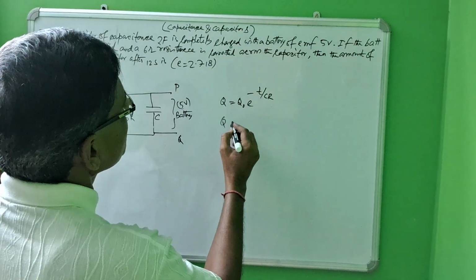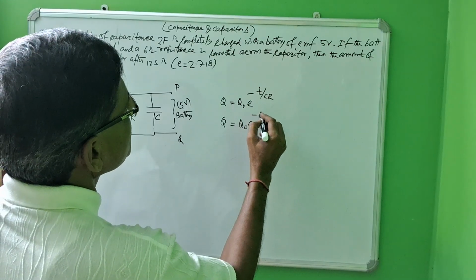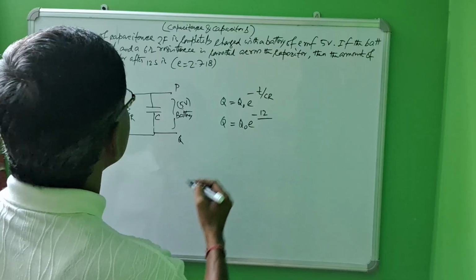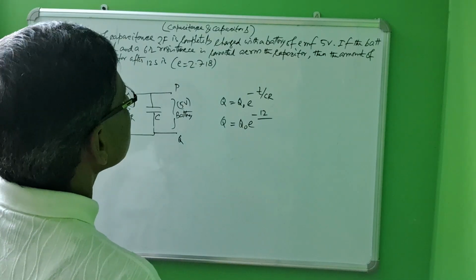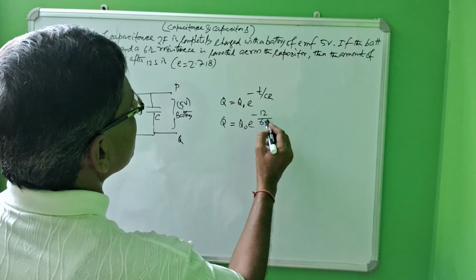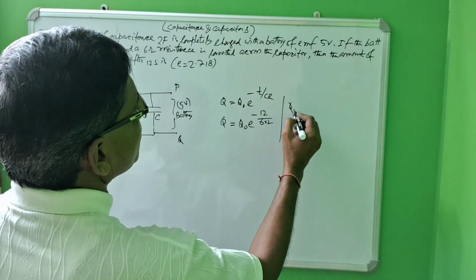So Q is equal to Q0 e to the power minus 12 upon 6 into 2. And what is Q0?